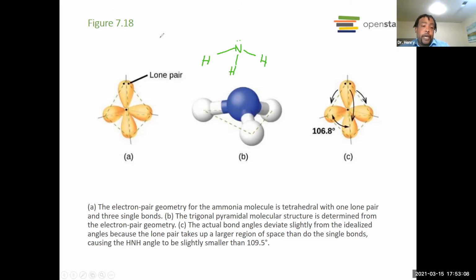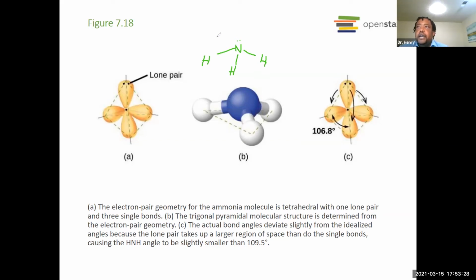Because we have these lone pairs, they are going to affect the molecular shape of the compound, but not the electron pair geometry. The electron pair geometry is going to be as if it has 4 attachments. The lone pair is going to count as an attachment.